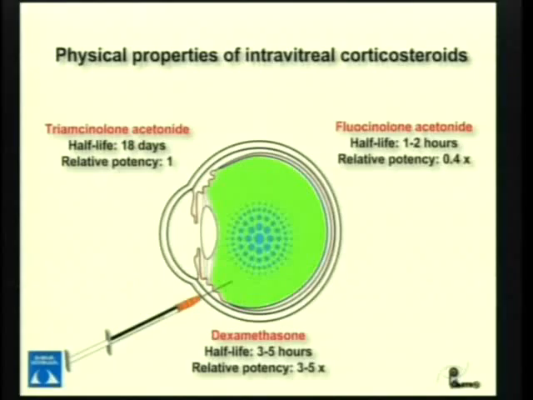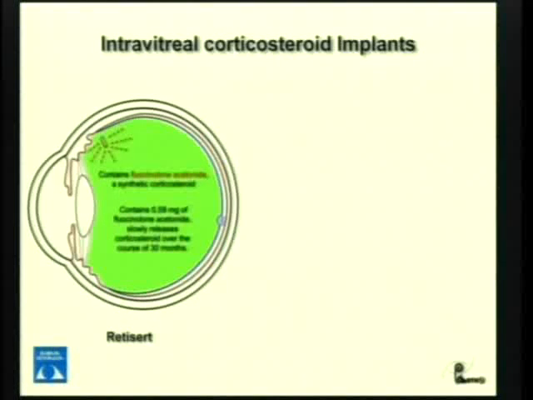So we have tried to devise intravitreal corticosteroid implants. First, we tried Retisert, which was the first FDA-approved device, and which contains fluocinolone acetonide. It releases 0.59 mg of fluocinolone acetonide in the vitreous cavity for 30 months.